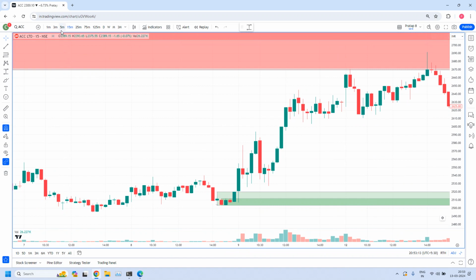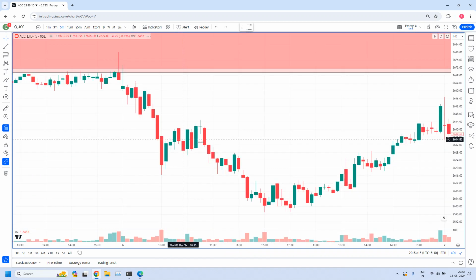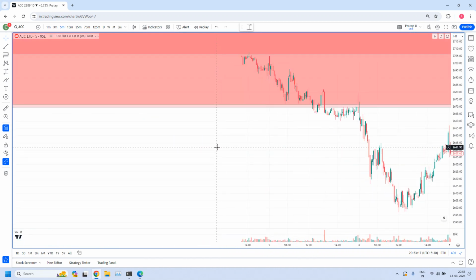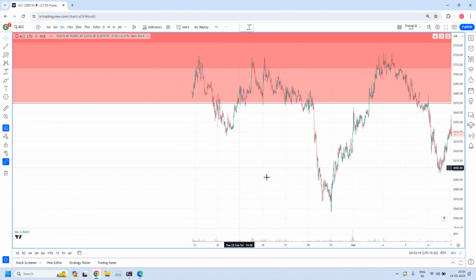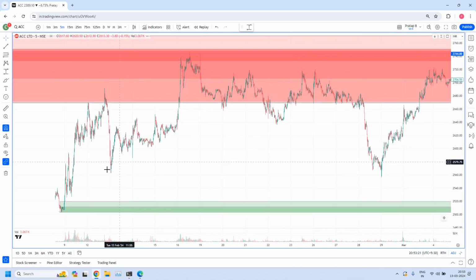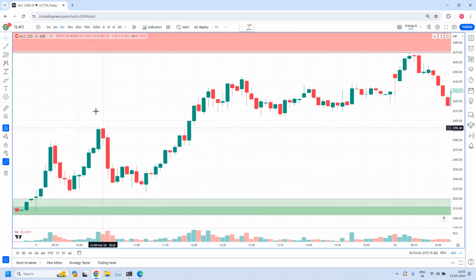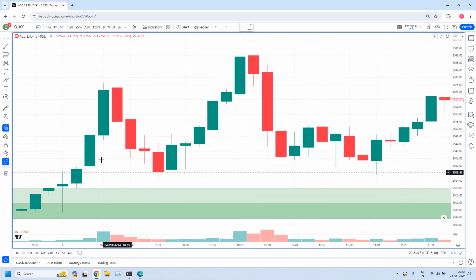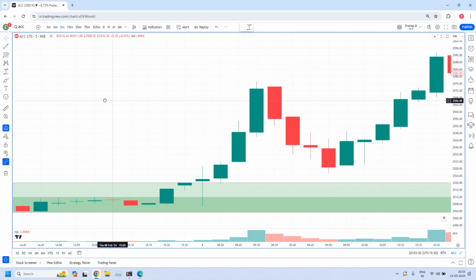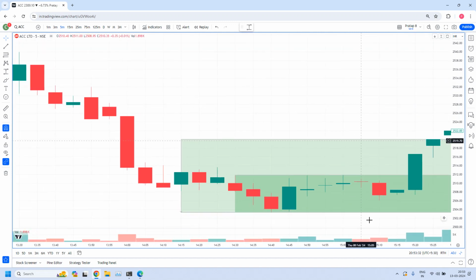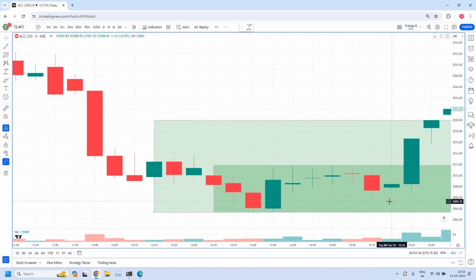But go to the 5-minute time frame. So here you have a drop candle, you have a base candle, and you have a rally candle. Now draw the zone.